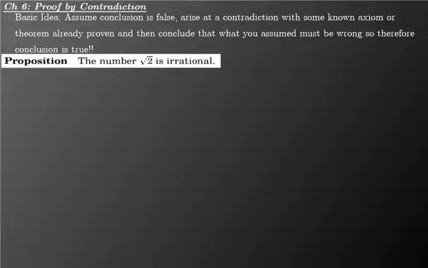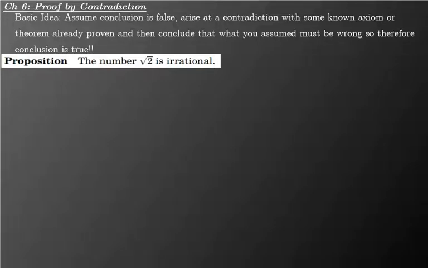The idea is that we're going to assume the conclusion is false and arrive at some sort of contradiction. So for this example, we're going to assume that root 2 is rational, and then arrive at a contradiction. I would always recommend you try these on your own, pause the video and think about it.